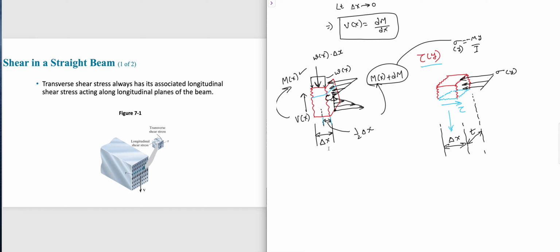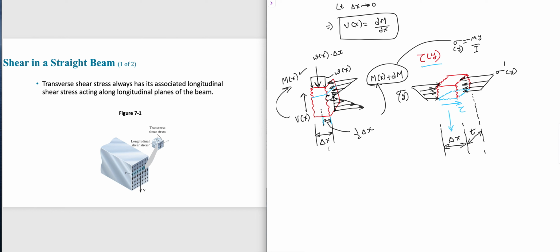Then what else are we missing? We are missing the sigma on the right. Let's call it sigma dash. Sigma on the left to be sigma, which is a function of y.